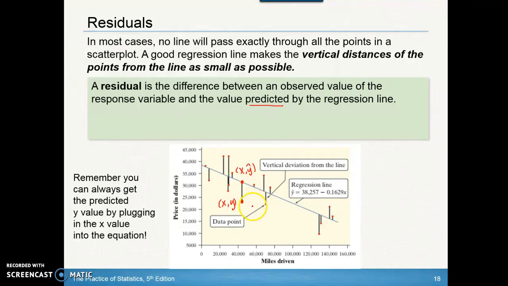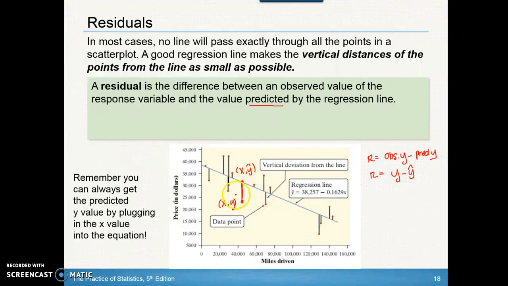The residual, okay, the residual is basically the vertical distance of this line. So in order to get your residual, all you're going to do is take the observed value of y minus your predicted value of y, or basically y minus y hat.